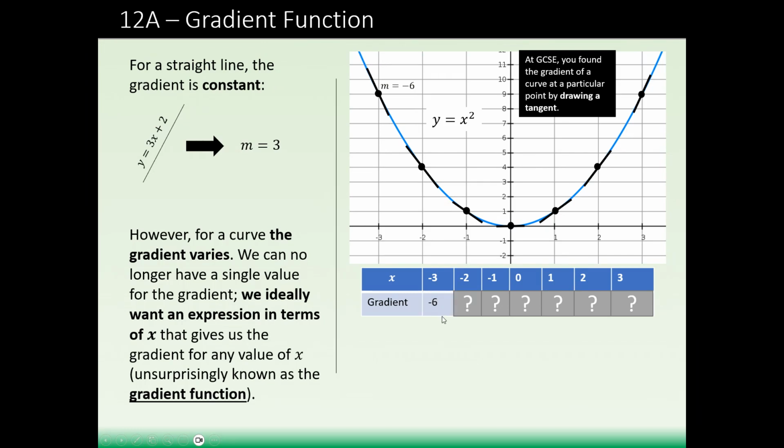Oh, wow, I'm a good guesser. So minus 2 is going to have a gradient of minus 4 here. And I'm guessing this one, where x is minus 1, the gradient is minus 2. And the next one gradient is 0, and then 2 and 4 and 6.